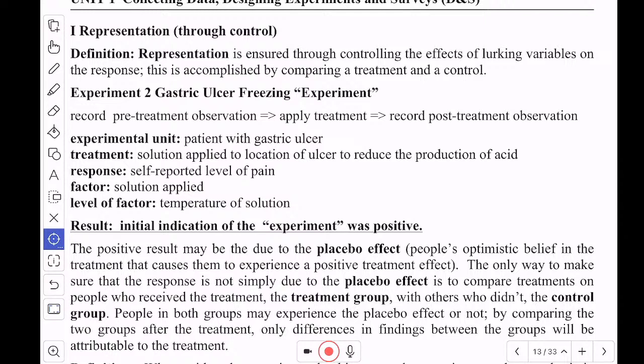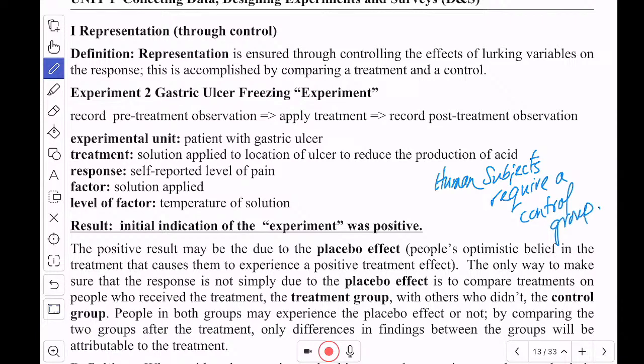Right. So Herodotus points out there is no control group here. In experiments with human subjects, you must have a control group.